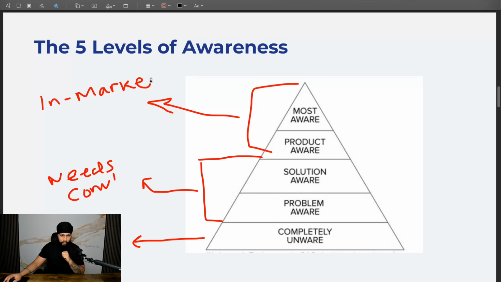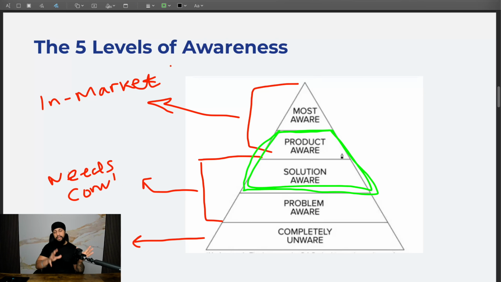They're actively looking for a solution, right? Our job as advertisers is to make sure that you get the highest ROI people, especially if you're spending less than $1,000 per day, and if you're running advertisements for yourself, you want to be advertising to this group of people here. Okay, you want to be focusing on people that are solution aware and product aware.